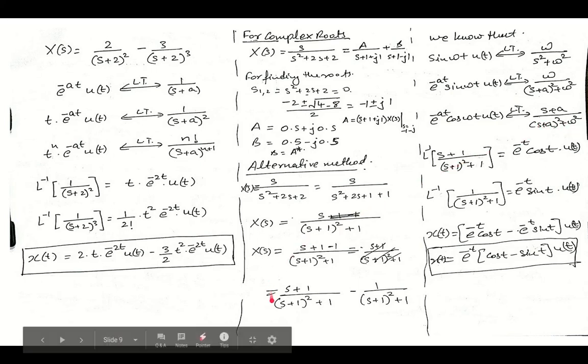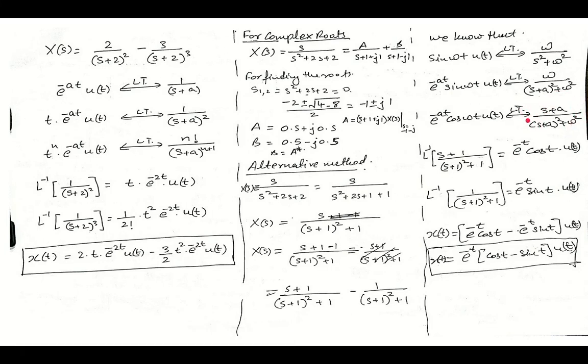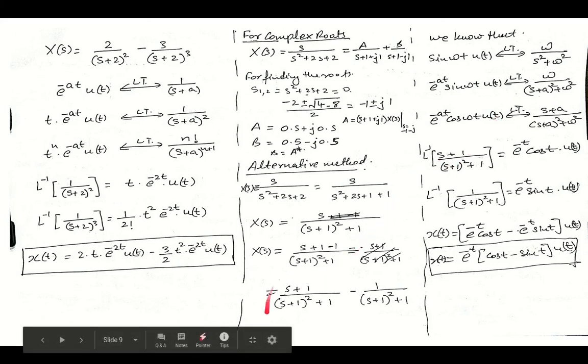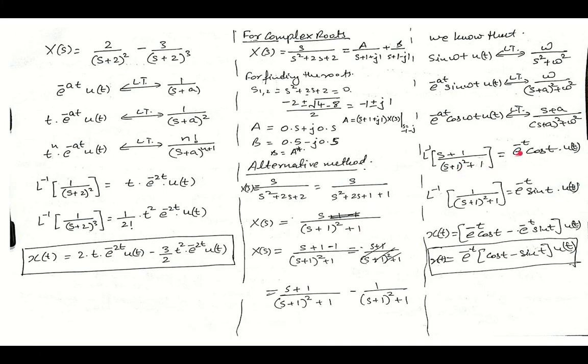Now the first value, that is s plus 1 upon s plus 1 whole square plus 1, resembles the value of e to the power minus at cos omega t, considering that the value of a is 1. So I can say that the inverse of s plus 1 upon s plus 1 whole square plus 1 will be equal to e to the power minus at, where the value of a is 1.